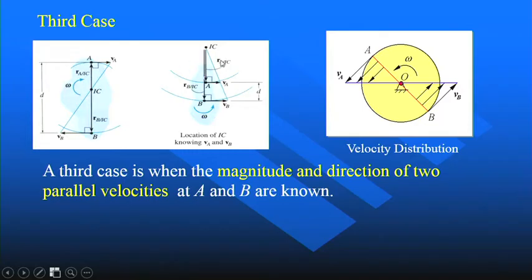And in the right case, VA and VB are parallel and in the same direction. So comparing this case to the velocity distribution of an object rotating about a fixed axis, we can judge A and B are on the same side of IC, that means A and B are on the same radius.